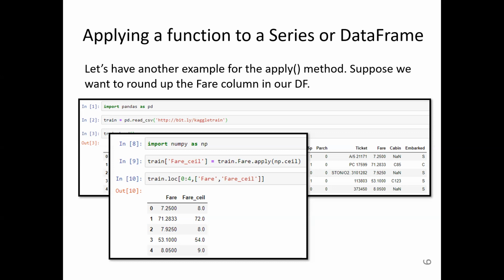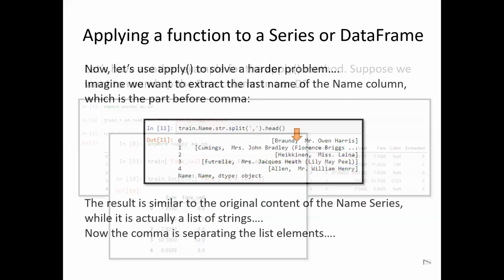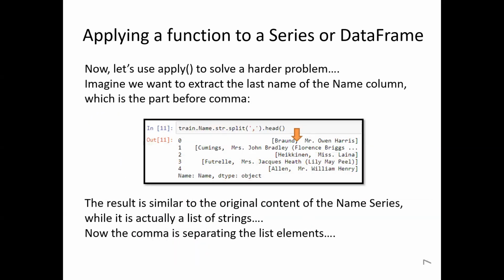Awesome. So let's go to the next part. Look at this one, please. Let's go to train, and still we want to use apply. So we are going to say train data frame dot name. And this time, because it is a string method, we say str, and we ask that please split it using comma.